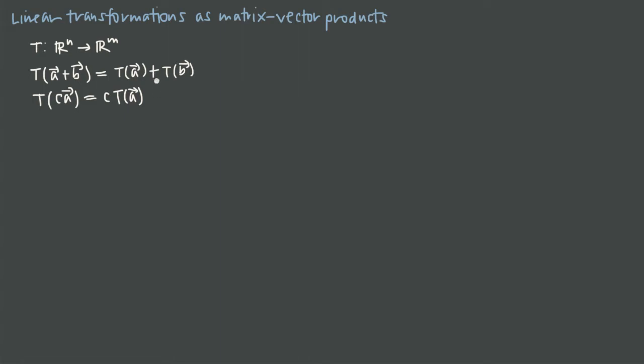When it is a linear transformation, that is when we are allowed to express the transformation as a matrix vector product.